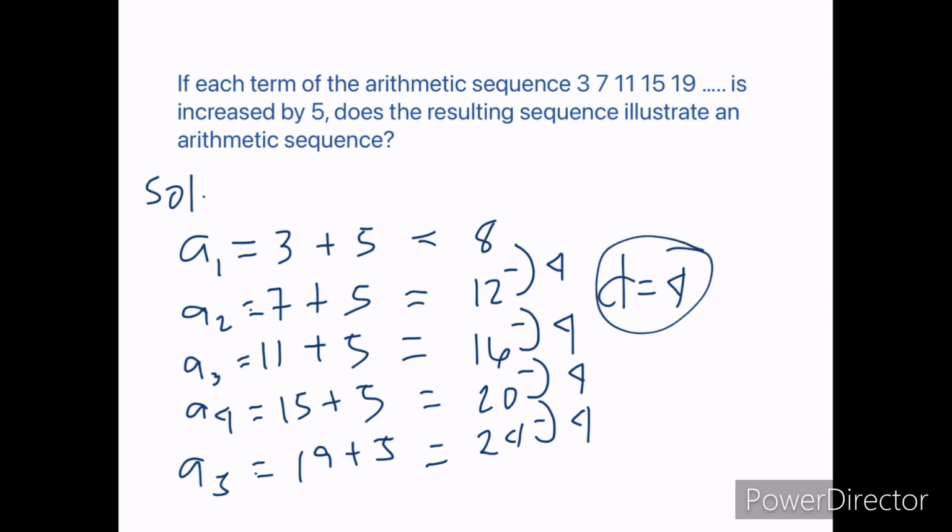Therefore, their common difference is 4. The same is also true for the original sequence.